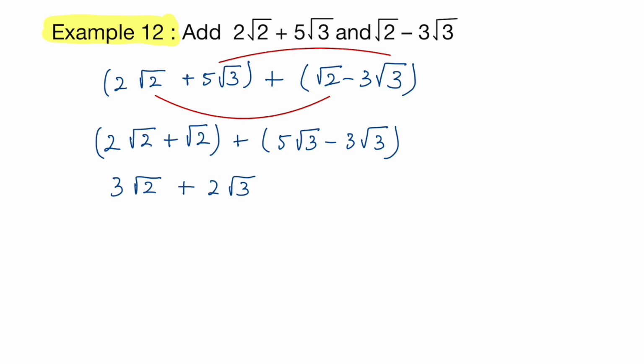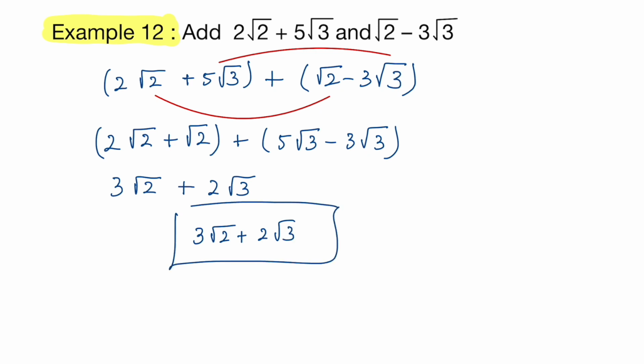So 2 root 2 plus 5 root 3 and root 2 minus 3 root 3 is our question, and we have just rearranged the terms and have performed our arithmetic operation, and that gives you the answer 3 root 2 plus 2 root 3, and that is the answer to the question, right? Okay, I hope you got this. This is not complicated. You have just rearranged the terms and performed an arithmetic operation.